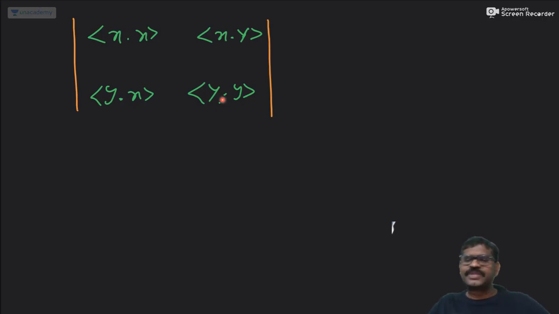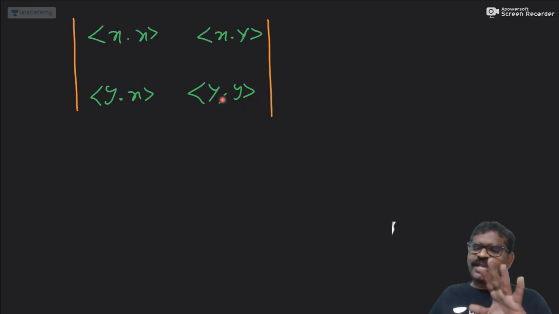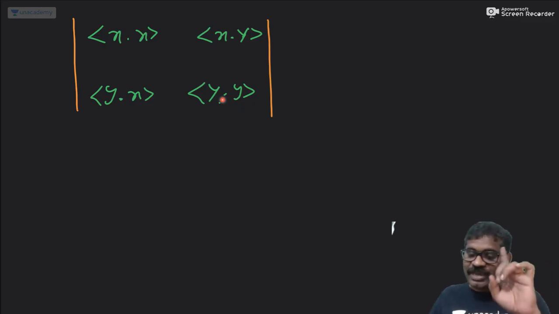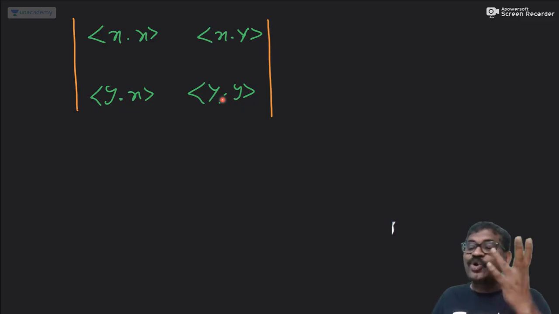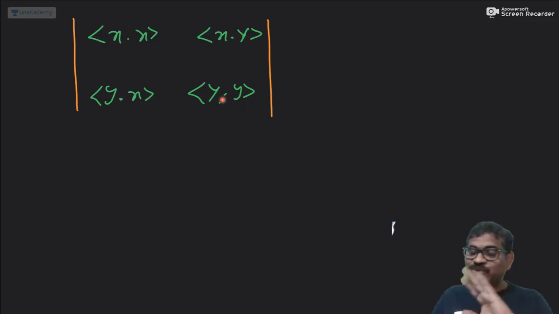Concentrate here. Here x and y are not x-axis, y-axis. Here x and y, please understand. You should not assume like that. Two vectors, we don't know what the vectors are. Unknown. Okay, concentrate here.